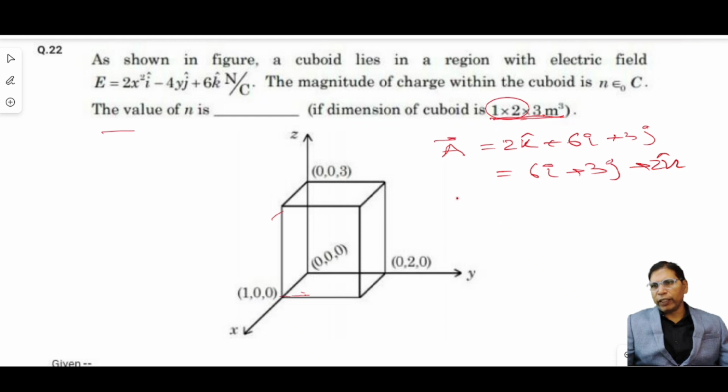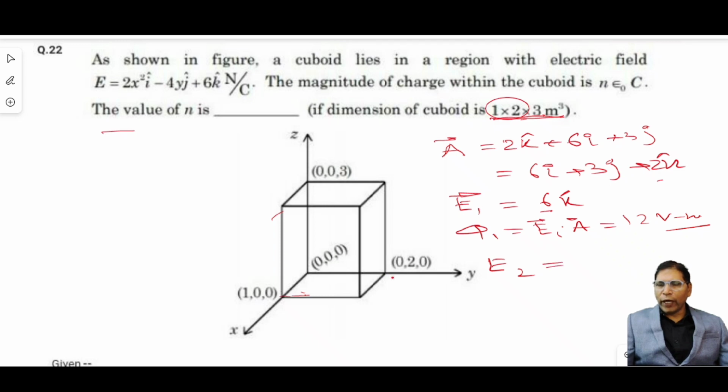Now the electric field vector E at the origin is only 6 k cap. So phi 1 is equal to E1 dot A vector. So this is 6 k cap and 2 k cap, so this is 12 volt meter, the flux. Now phi 2. Now what is electric field vector E2? Look at this, the electric field along the x-axis at x equals 1 is 2 i cap. No problem.